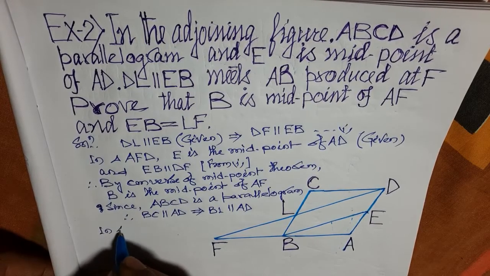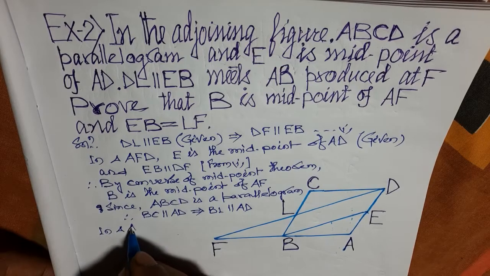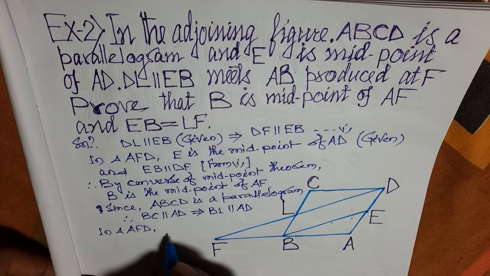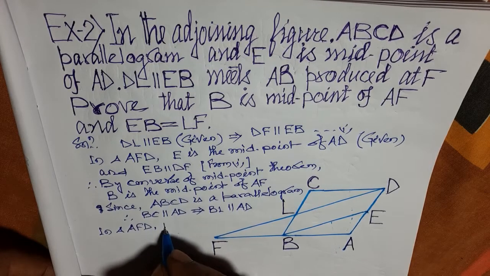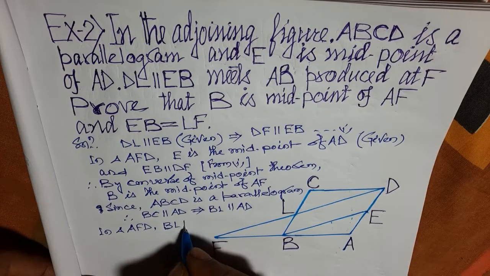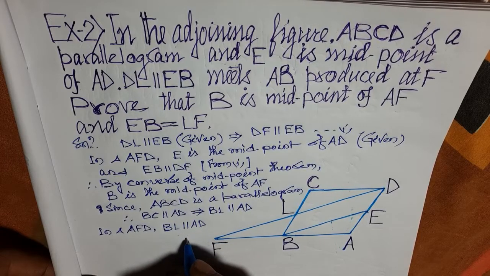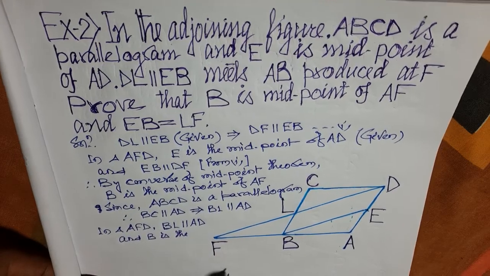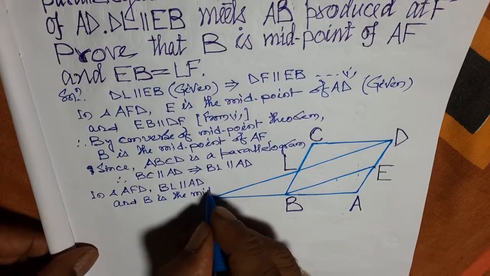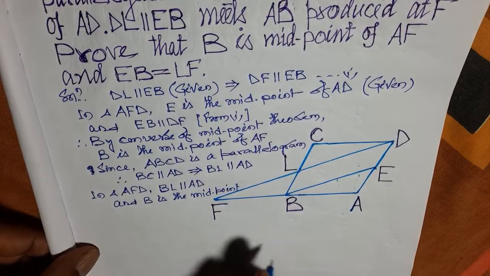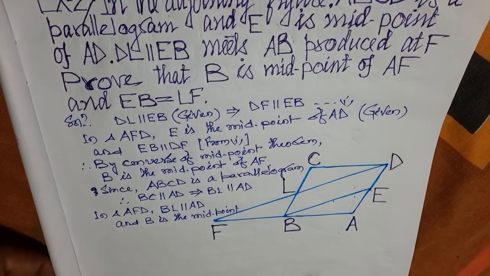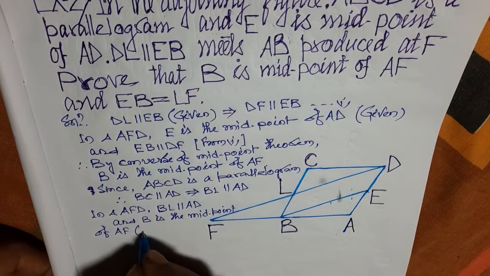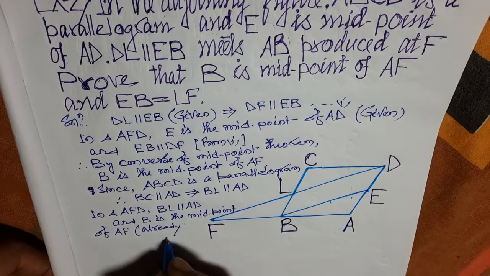Now in triangle AFD again, we have BL is parallel to AD and B is the midpoint of AF, already proved.